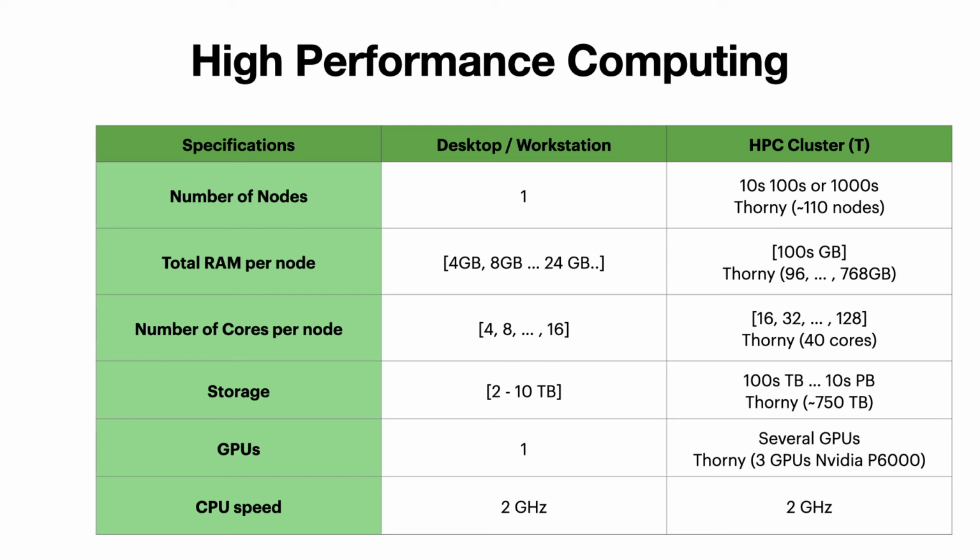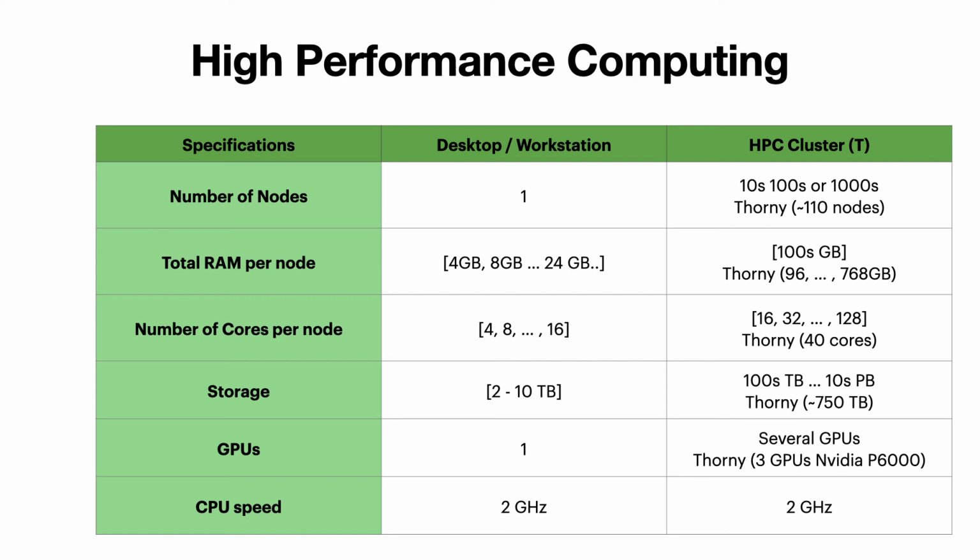On an HPC cluster we have like 100 terabytes or even petabytes, and the drives are not actually located on each individual node. Of course they have a small drive on each node, but all the data is centralized on a different system that is dedicated to storage. On Thorny Flat, we have a storage device that holds 750 terabytes of data.